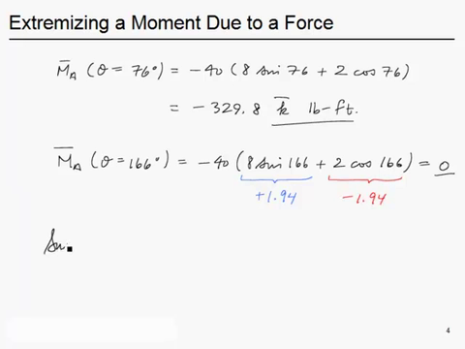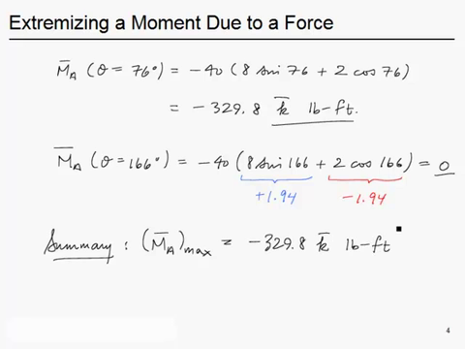Okay, so our summary looks like this. M_A max is equal to minus 329.8 in the k direction, with units of pound feet, and that's at theta equals 76 degrees.